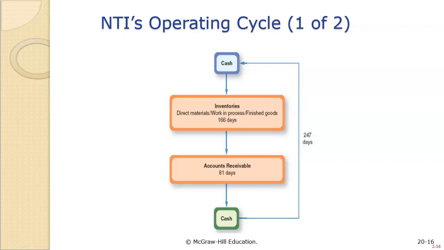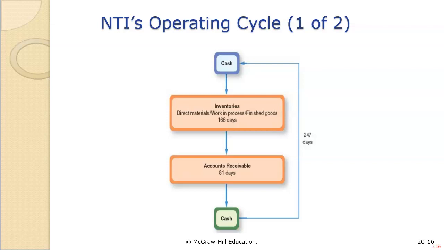So the operating cycle, once again, runs from when cash went out the door to manufacture a product. The cash going out the door is raw material, direct labor, all the manufacturing costs, and then selling.